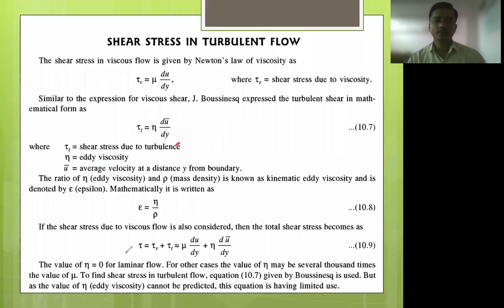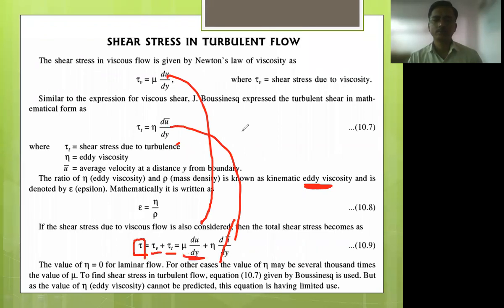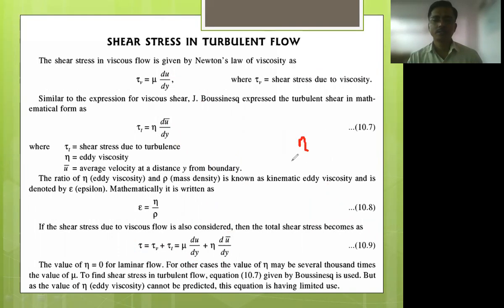If you combine these two, you will get the total shear stress: tau is equal to shear stress due to viscosity plus shear stress due to turbulence. For laminar flow, the eddy viscosity will be 0, so that part will get cancelled and you will get only this value. For other cases where eta is available, we have to use this formula.